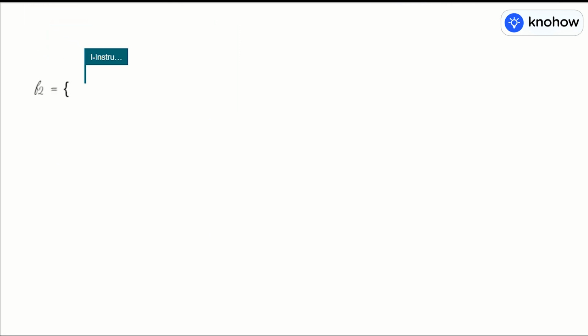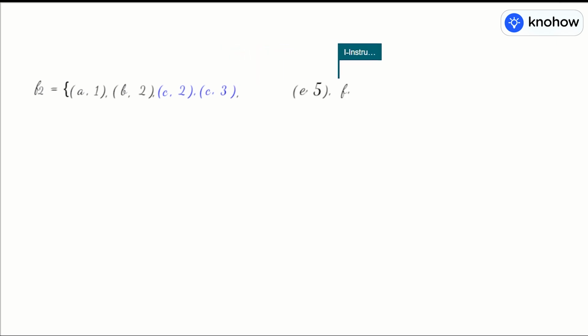Whereas if you write F2 in roster form, it is A1, B2, C2, C3, D4, E5, F6. Of course, I missed one, D4.